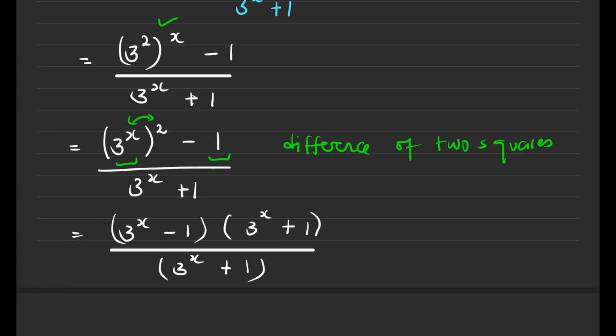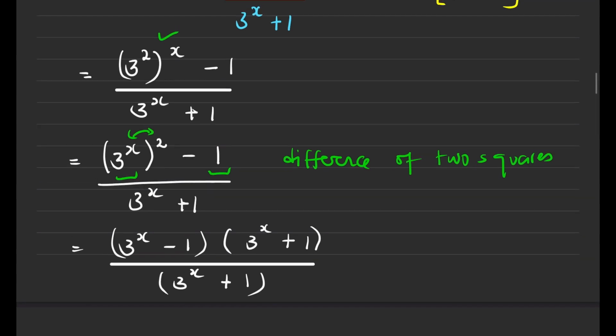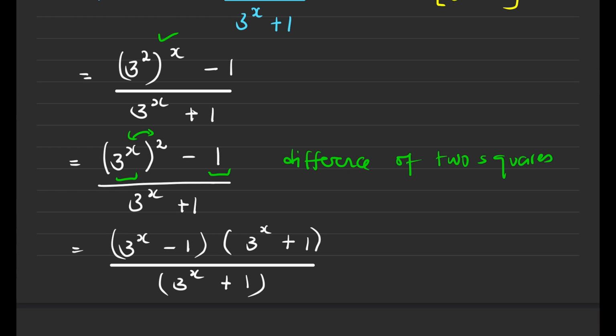Okay, I want you guys to tell me, what do you now see? Can you see that 3 to the x plus 1 and 3 to the x plus 1 are similar here, and hence that is going to cancel? What is our final answer now? Our final answer is going to be 3 to the x minus 1. Great.